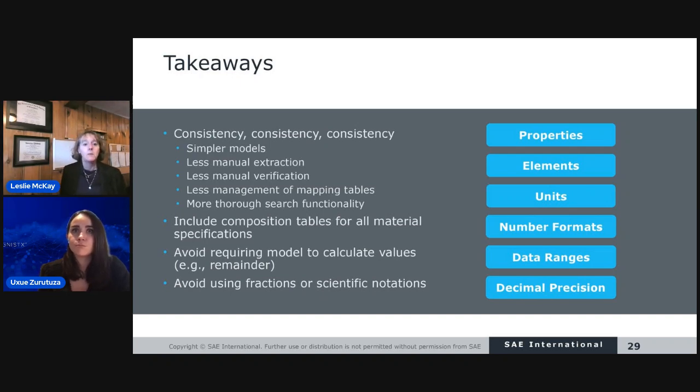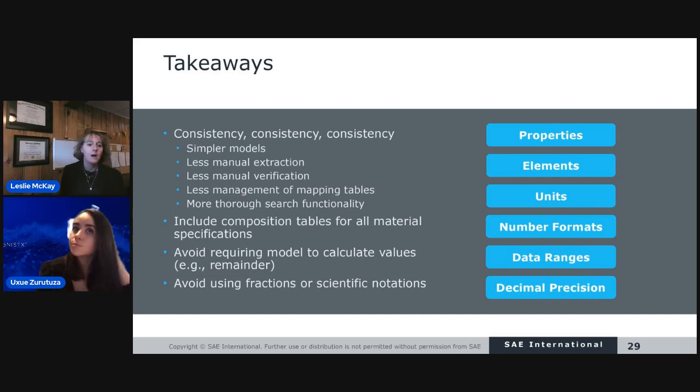Simpler models mean less manual extraction, less manual verification, less management of these mapping tables we've talked about, and more thorough search functionality. But most importantly, it's a lot less costly to digitize your standards than if you're encountering these challenges all the time. So consistency is very key.